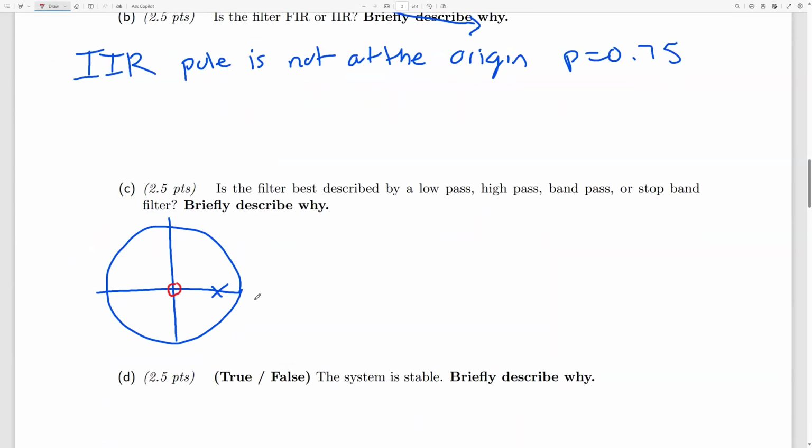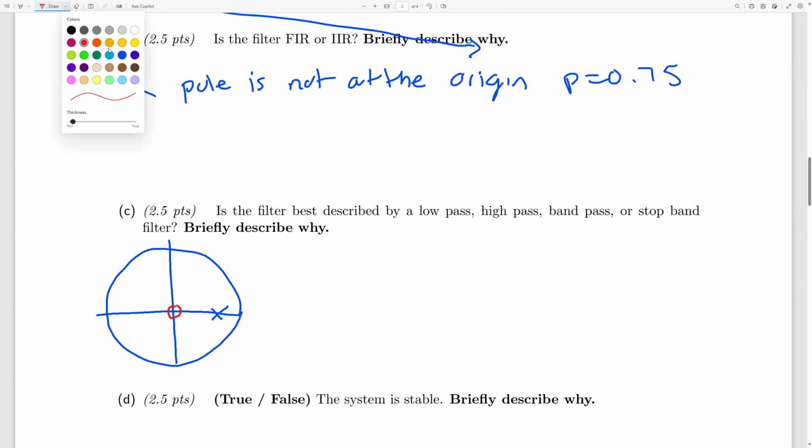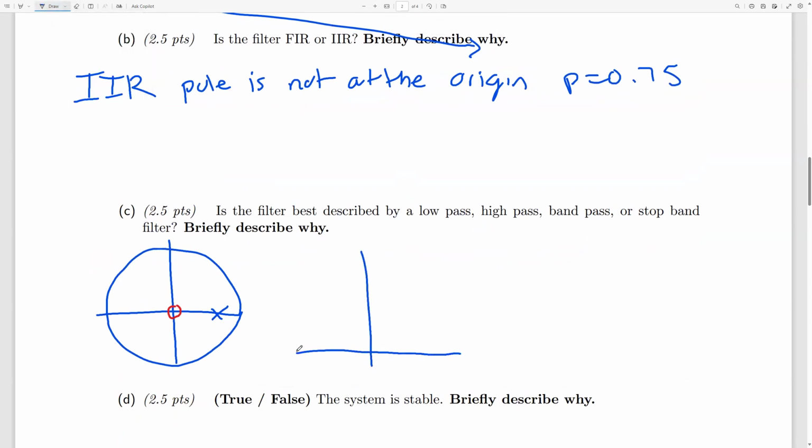And the meaning of this pole zero plot, if you sketch the magnitude response, is that this pole at 0.75 is going to increase its magnitude response at the lower frequencies near 0. So this is a classical low pass filter.